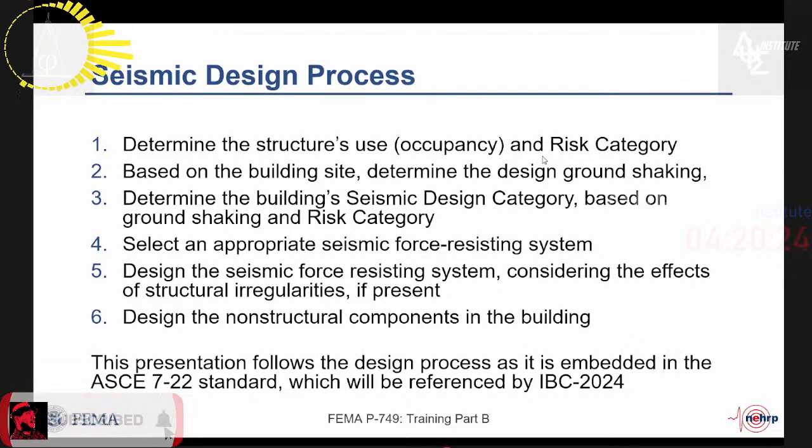This presentation is going to go through each of those steps at a very fundamental level, as they are embodied in the ASCE 7-22 standard, which will be referenced by the 2024 International Building Code, which will be adopted by most cities, counties, and states in the United States.